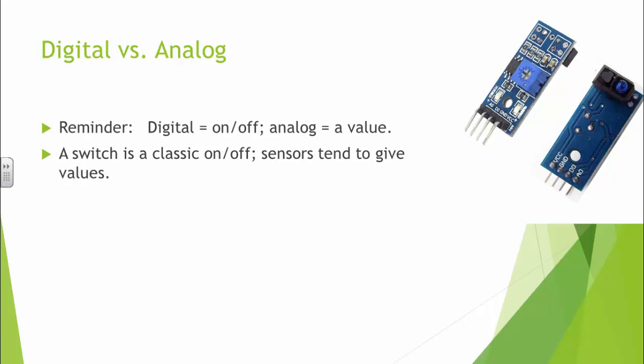Whereas most sensors tend to give a value. However, there are some sensors like the line follower on the right that are digital. Essentially, they evaluate the inputs and they have an onboard processor that decides if it is a yes or a no. And what they send back is, again, that digital output from its perspective, input from the Arduino perspective.